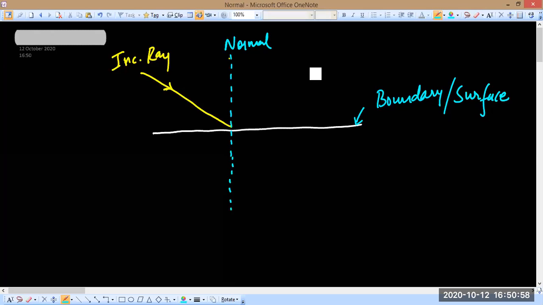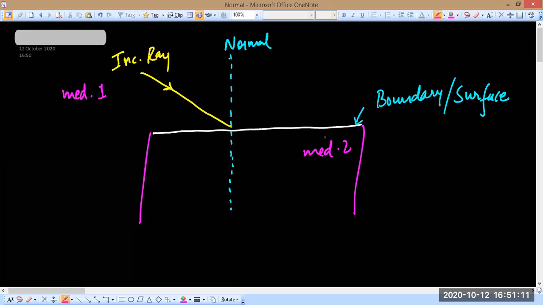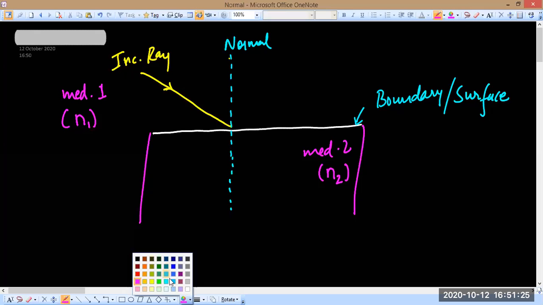So suppose the light is traveling here in medium 1, and this here is some object, maybe like a glass slab, and this is medium 2. Okay, English medium, not Gujarati medium. So this is only medium 1 and medium 2. So this medium 1 will have refractive index n1, this medium 2 will have refractive index n2, right?